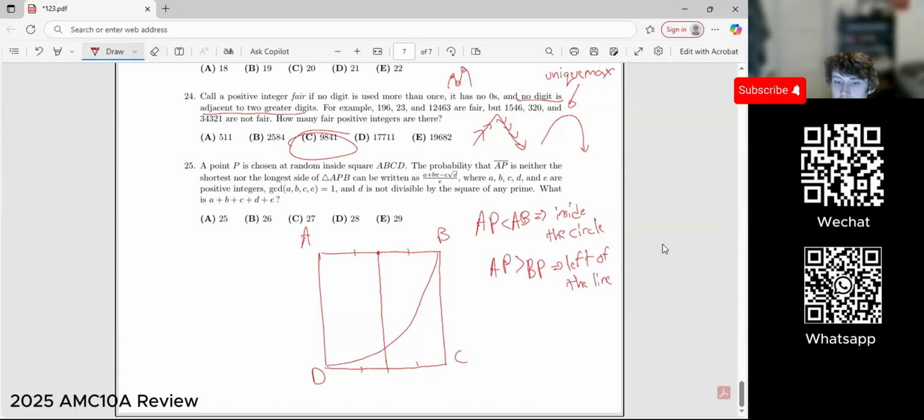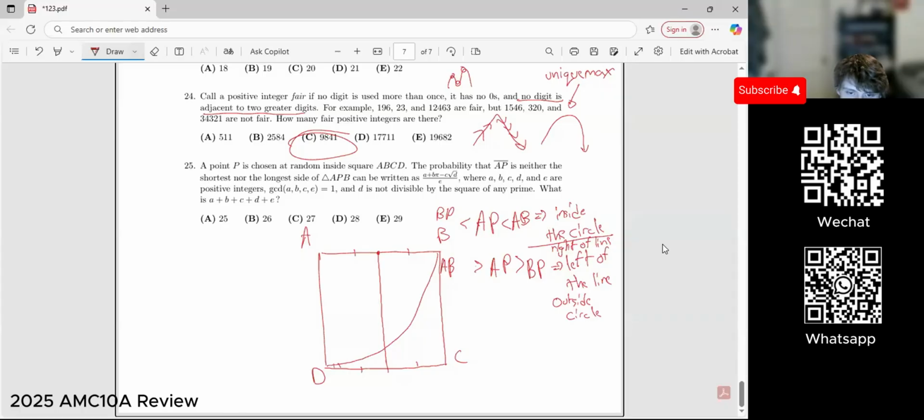So we have some cases. Here, wait, this would be larger than BP, so inside the circle but right of the line. And then here, AP versus AB, this would be left of the line but outside the circle.